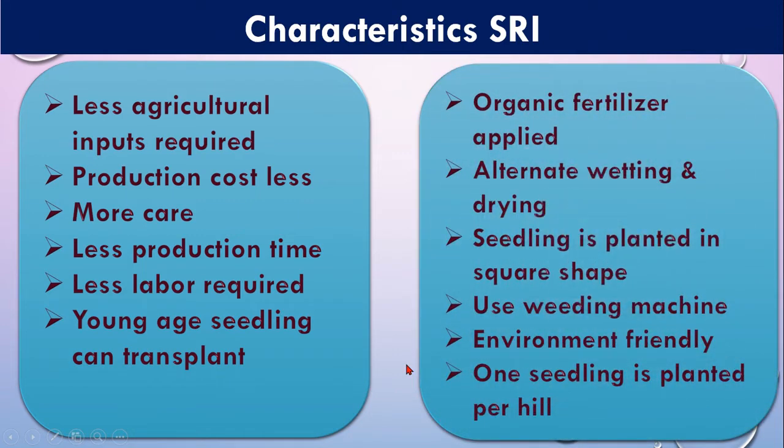Organic fertilizer is applied, and an alternate wetting and drying irrigation system is applied. Seedlings are planted in a square shape, a weeding machine is used to remove the weeds, it is environmentally friendly, and one seedling is planted per hill. The summary of this SRI method is: production cost less, labor cost less, but production is more.